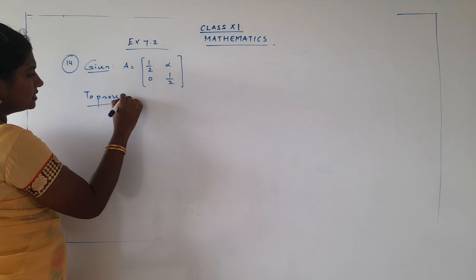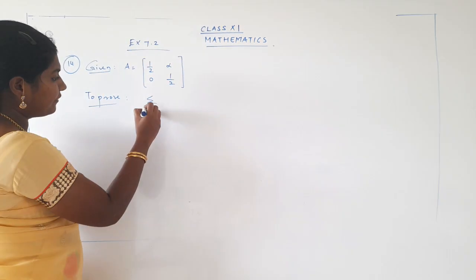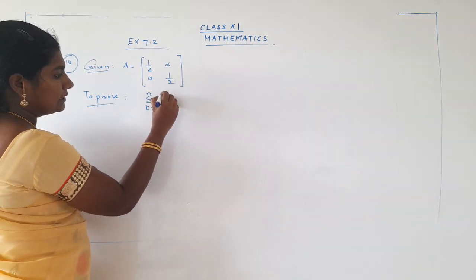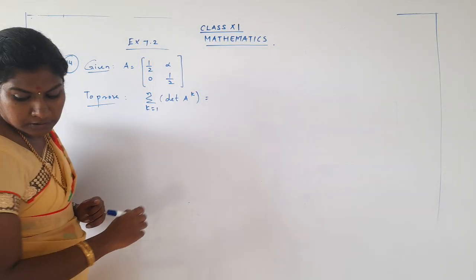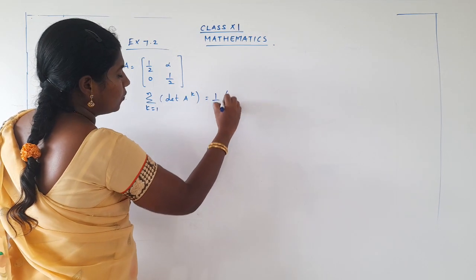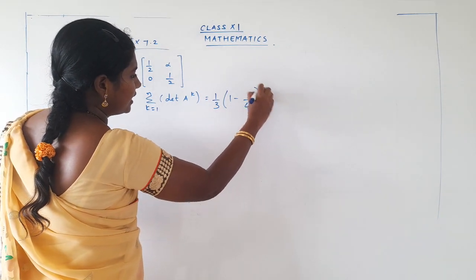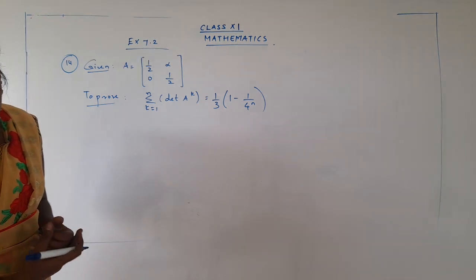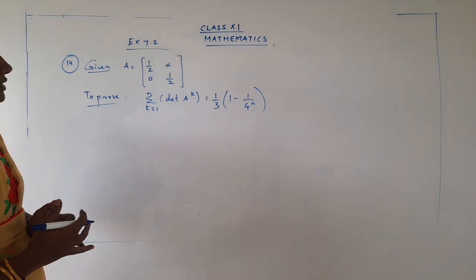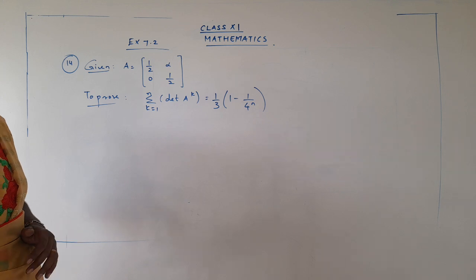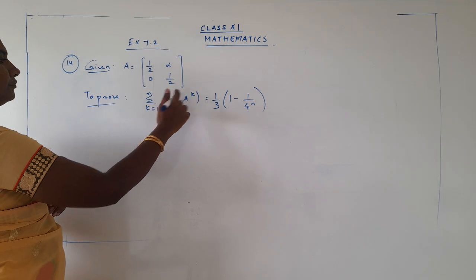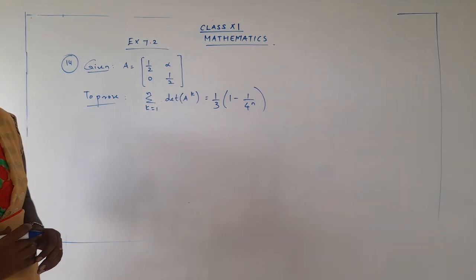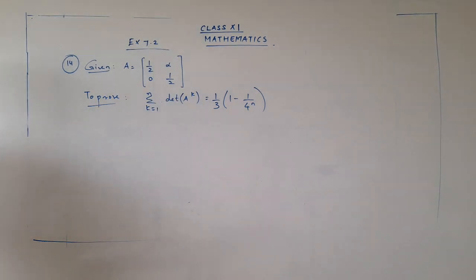You have to prove that summation k from 1 to n of determinant of A raised to k is equal to 1 upon 3 into (1 minus 1 upon 4 raised to n). This is the proof part.